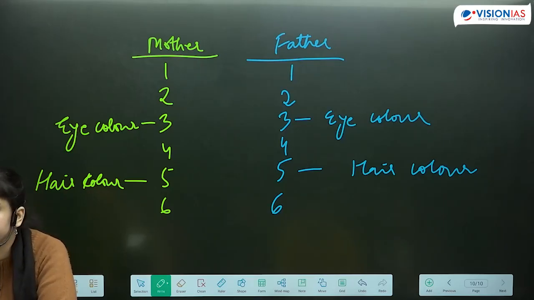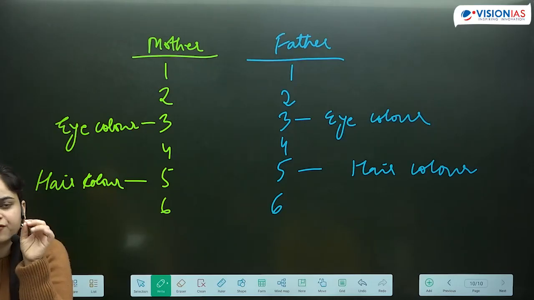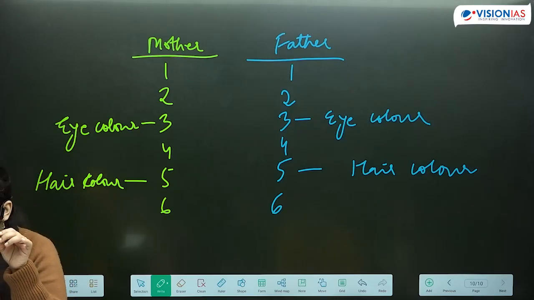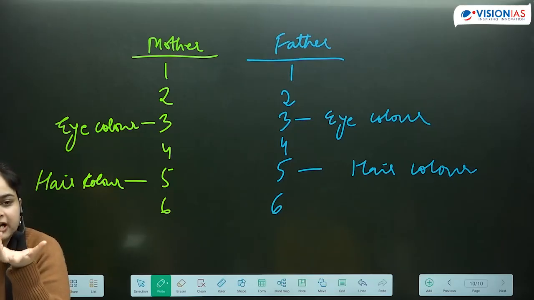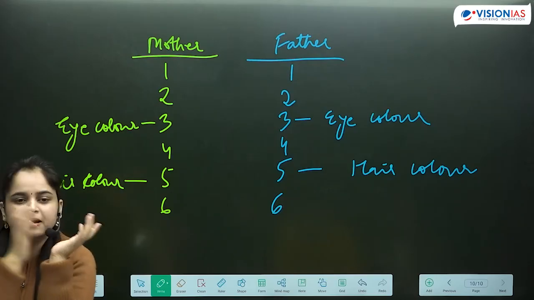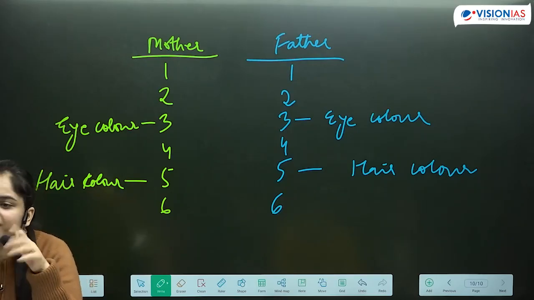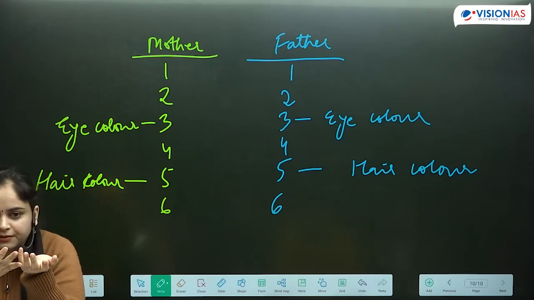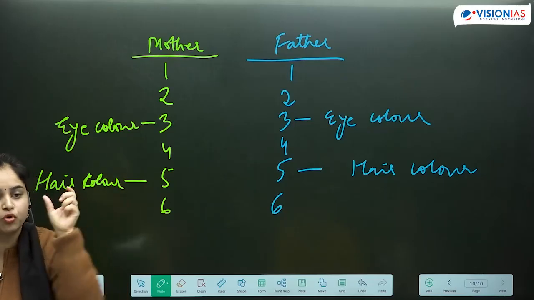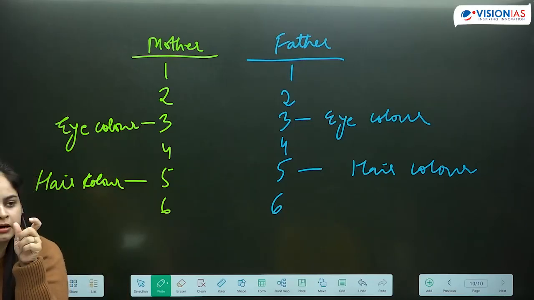Of course, within them, the eye color information can be different. Like the father can give you brown eyes color gene, ठीक है, जिसमें brown eye color बनाने का information है. The mother on the other hand can give you green eye color gene, right? उसमें अंदर content different हो सकता है, but both of those genes are for eye color.